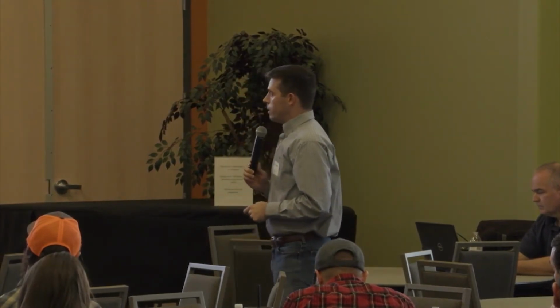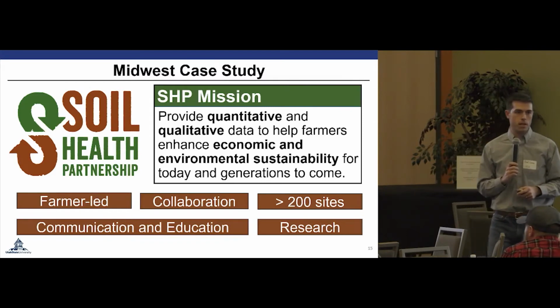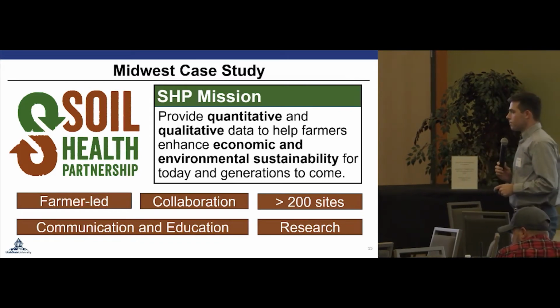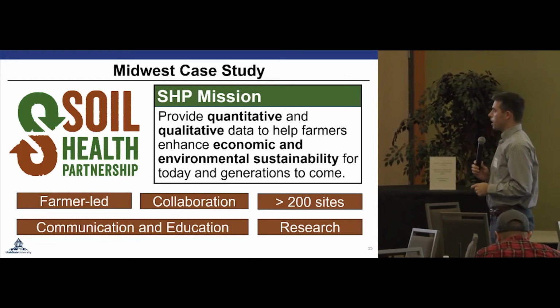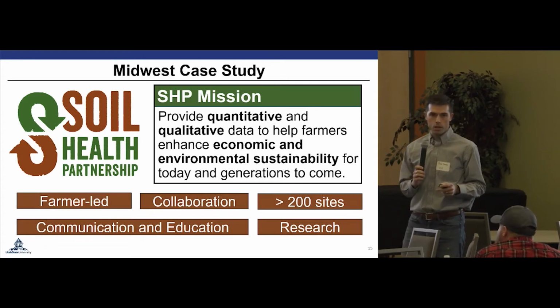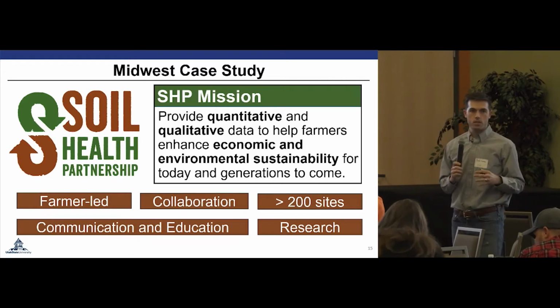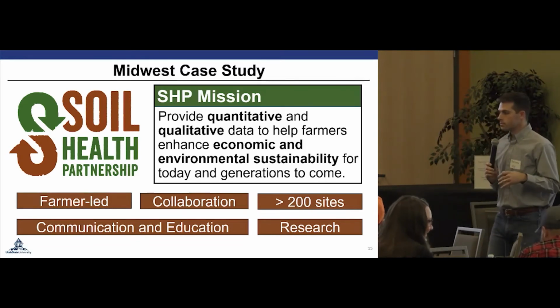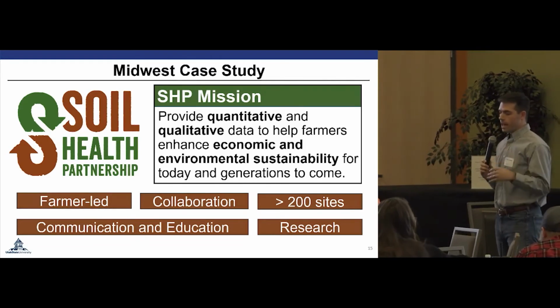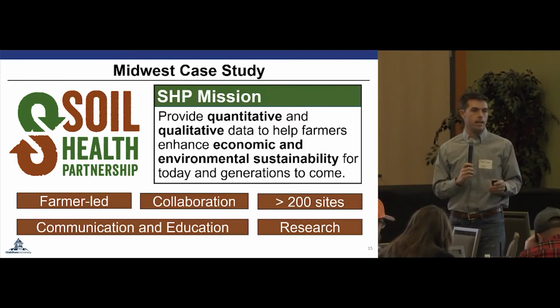Now on to the Midwest case study. So the Soil Health Partnership is a grower initiative started by the National Corn Growers Association. It was started in 2014 with the primary mission to help farmers start to implement soil health practices and then to gather data so that they can make data-informed decisions on how to maximize their soil health in economic ways.